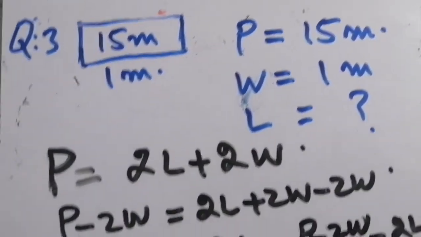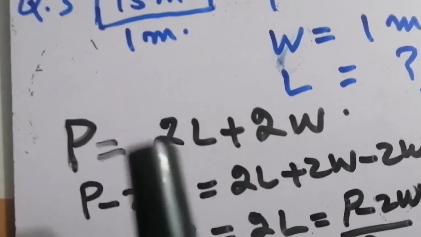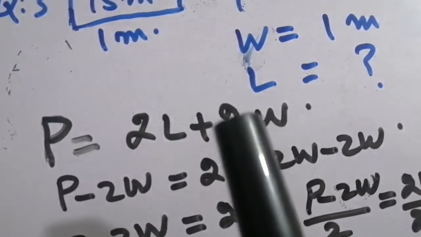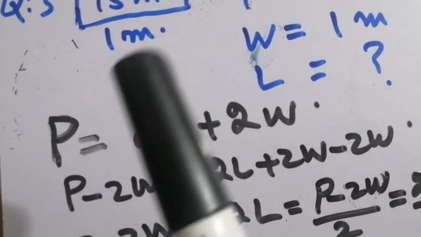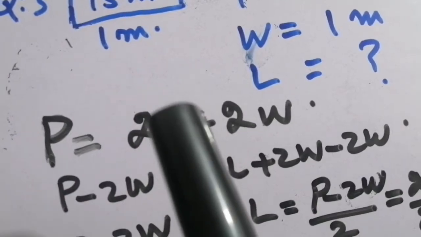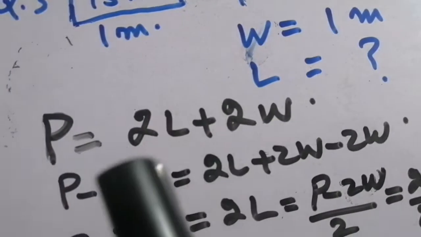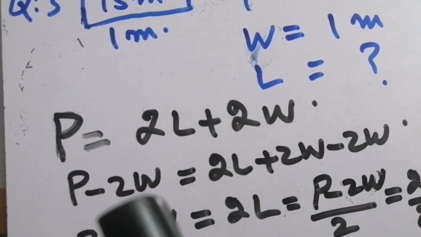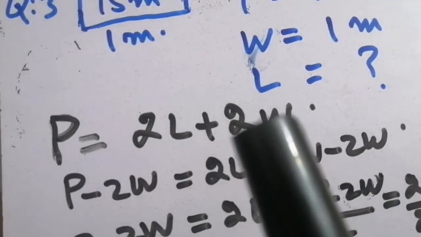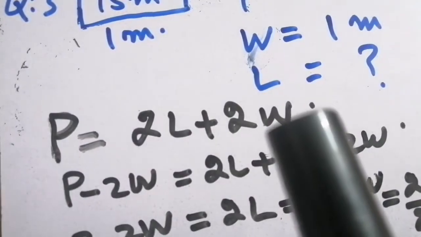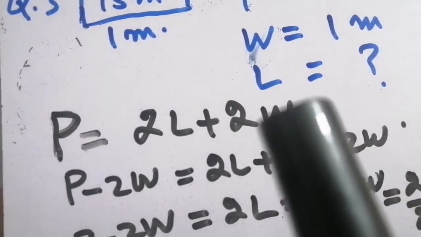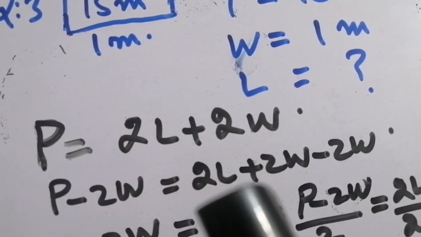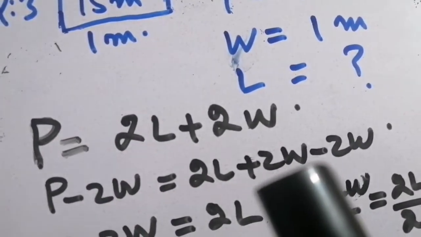So here what we will do, we know the formula P is equal to 2L plus 2W. We have to find out the value of L. So we will eliminate all these things from here. As we have learnt in algebra, if something is being added, we subtract it from both sides. So P minus 2W is equal to 2L plus 2W minus 2W.